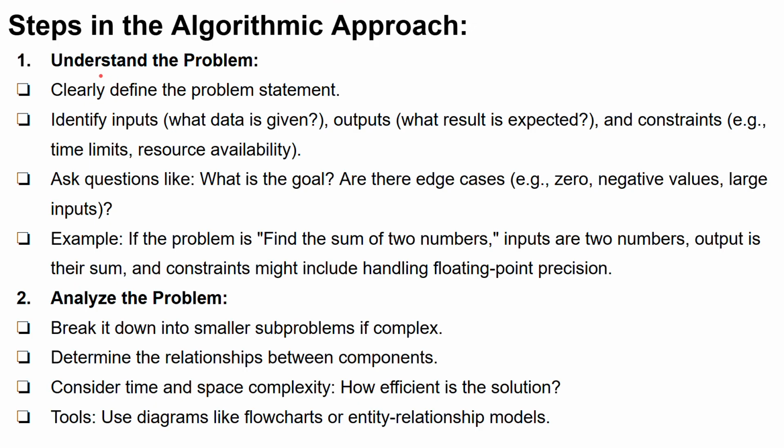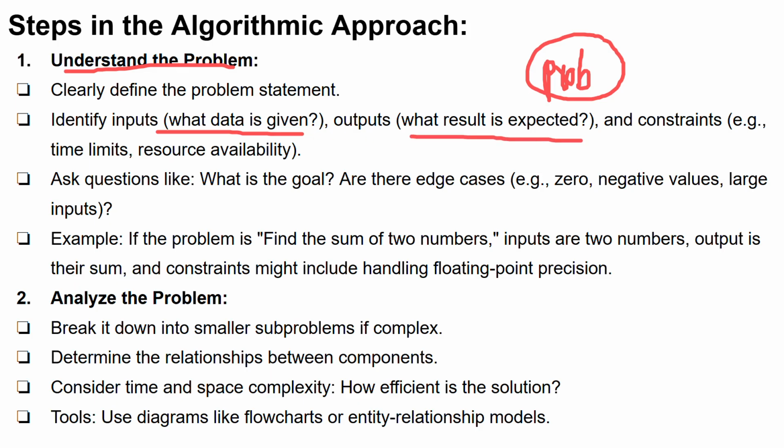The first one is understanding the problem. We will be writing an algorithm to solve a problem, and the problem should be solved in an effective way by writing an algorithm. So our first step is to understand the problem very clearly: what data is given and what we are expecting.